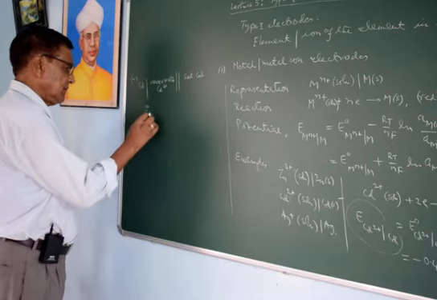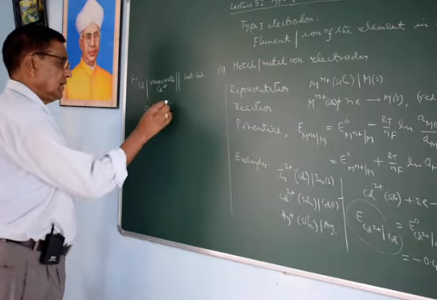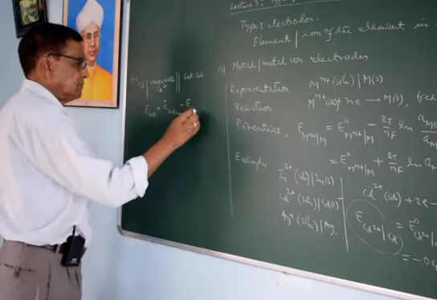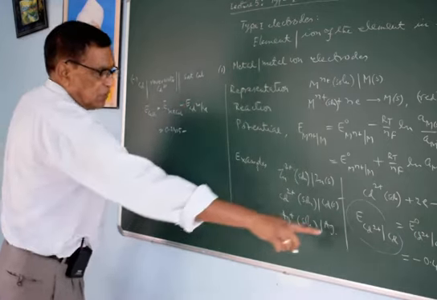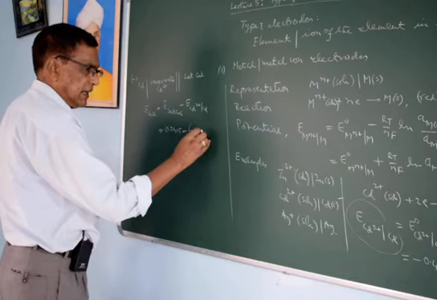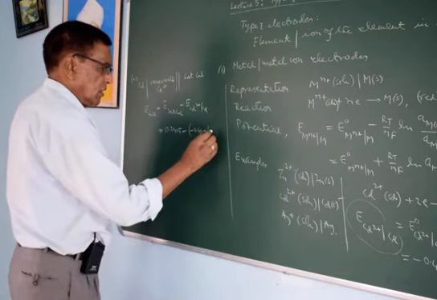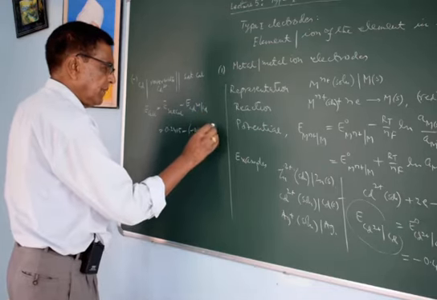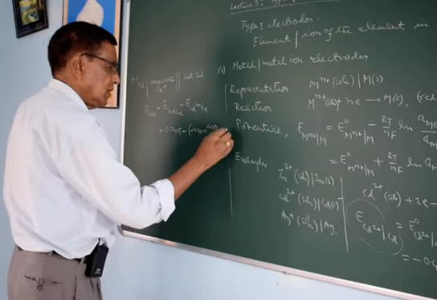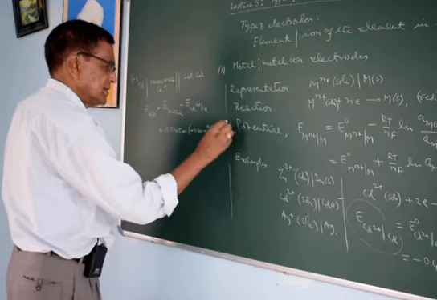So E cell equals E of the saturated calomel minus E of cadmium 2 plus oblique cadmium, and this value is 0.2415 minus, and instead of this I can write minus 0.40 plus 0.059 by 2 log activity of cadmium 2 plus.